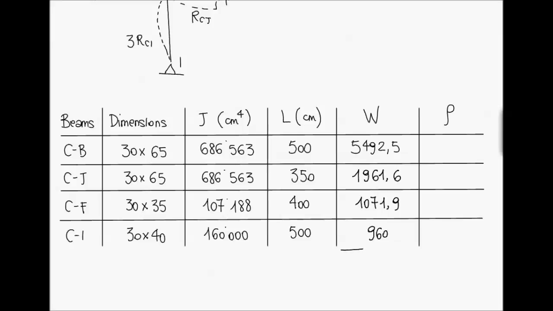The sum of all the W factors is equal to 9,486, and the distribution factors are 0.579 for beam CB, 0.207 for beam CJ, 0.113 for beam CF, and 0.101 for beam CI. Their sum is equal to 1.